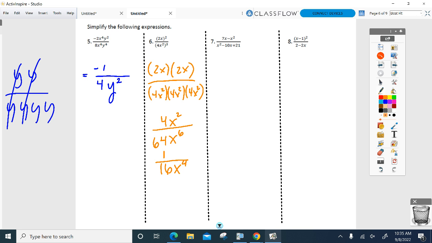Very small looking thing here. Don't overcomplicate it. What do you think, Nick? There's a trinomial in the denominator. All right, yeah, trinomial. With what signs? Negative and addition, right? Hey, did we have any subtraction or addition in 5 and 6? No, we didn't. So if we see subtraction or addition here, guess what time it is? Factor time.